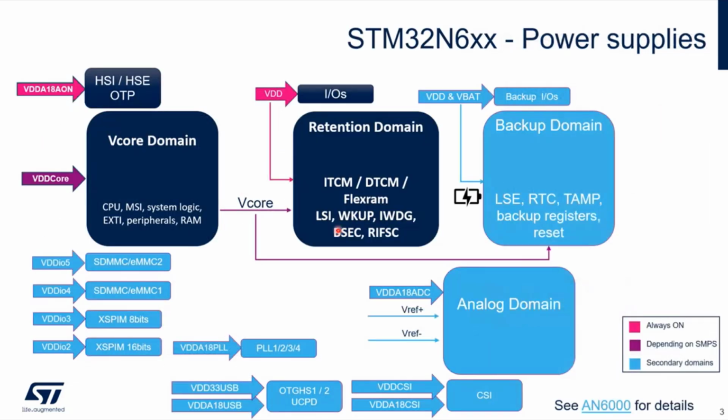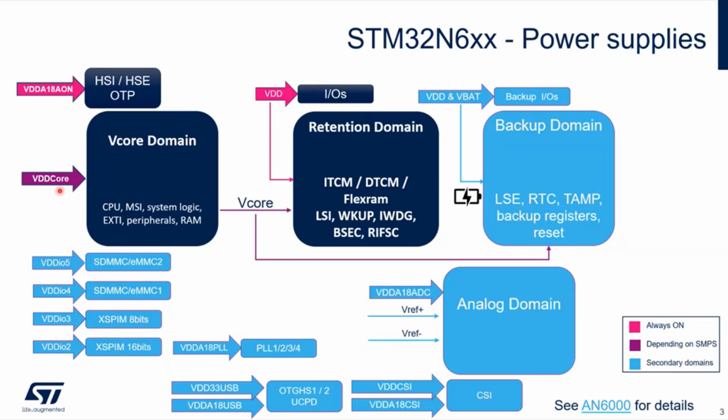Here you can see the power supply domains. We have two groups of power supply domains. The main power supply domain, like VDDA1V8_AON, what stands for always on, like VDD, and for IOs, and VDDCORE.